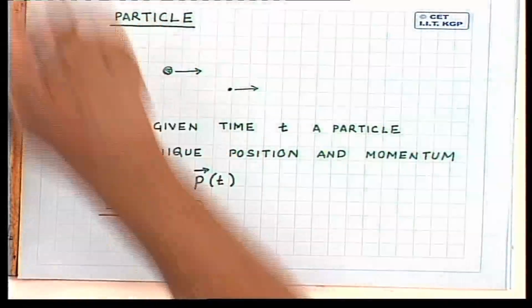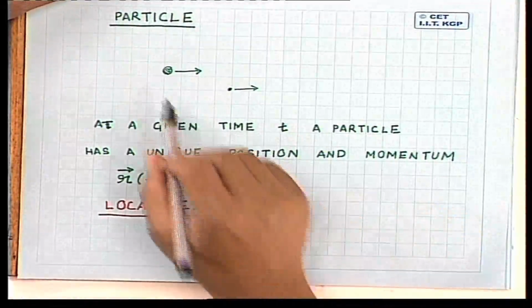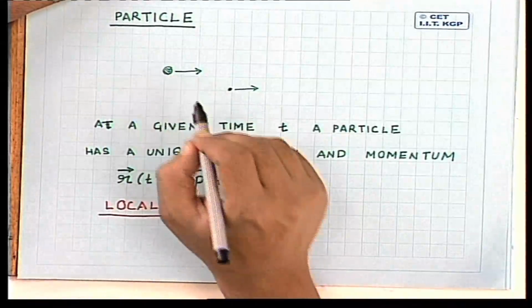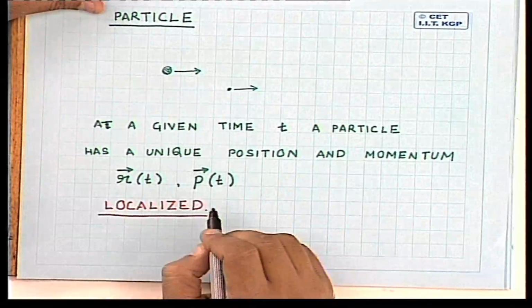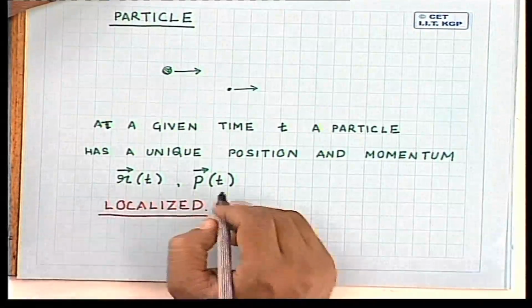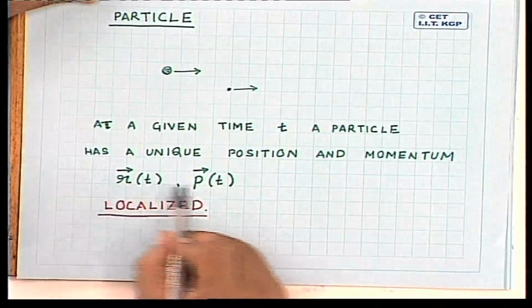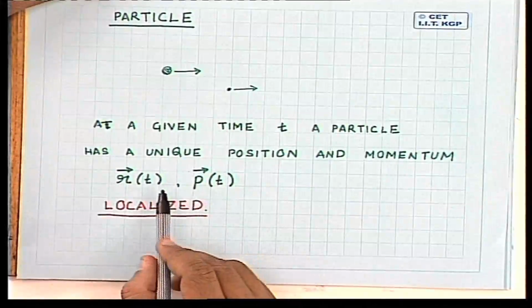Now, what about a particle? A particle, by definition, has at a given time a definite position and momentum. So, at any instant of time, it is localized.